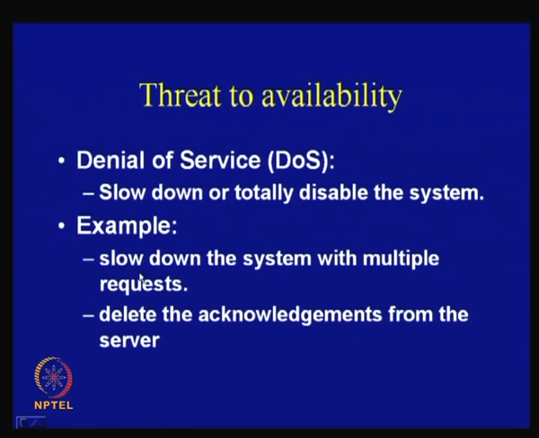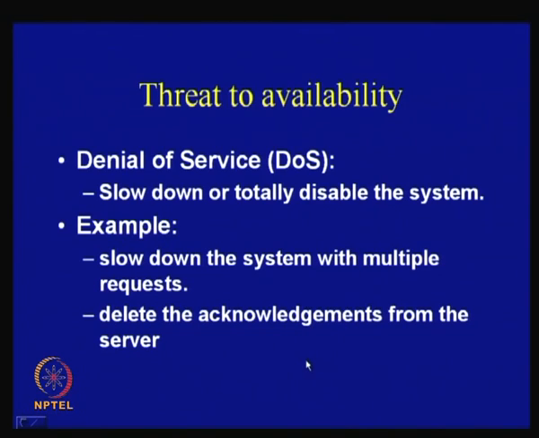For example, an attacker could slow down the system with multiple requests. Consider a sender and receiver scenario where the sender sends requests and does not receive the acknowledgements, so it again sends the request.